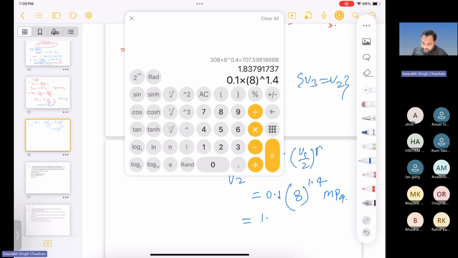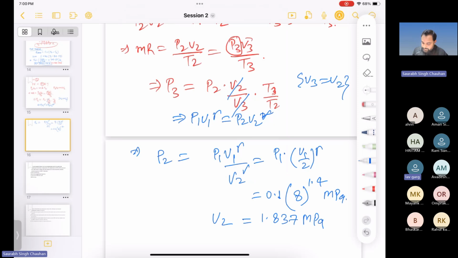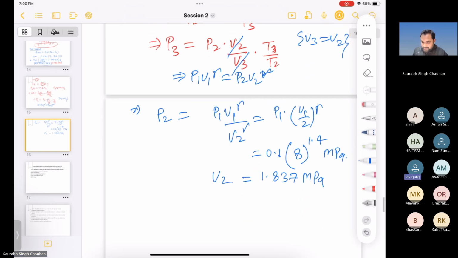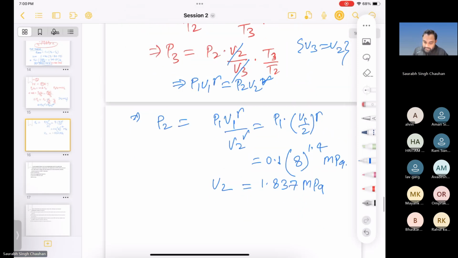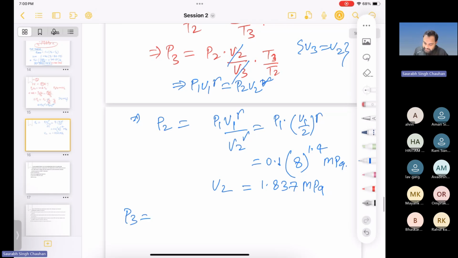It is coming out to be 1.837 megapascal. Correct? Yes, correct.